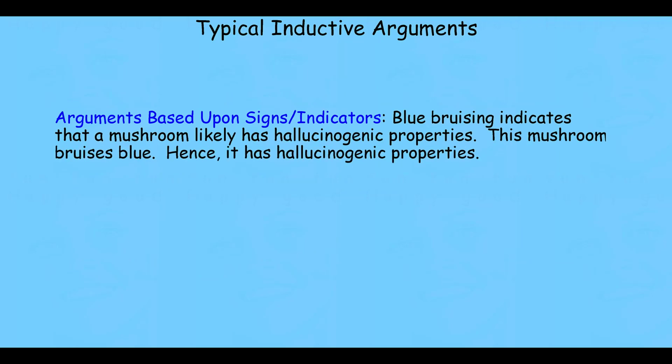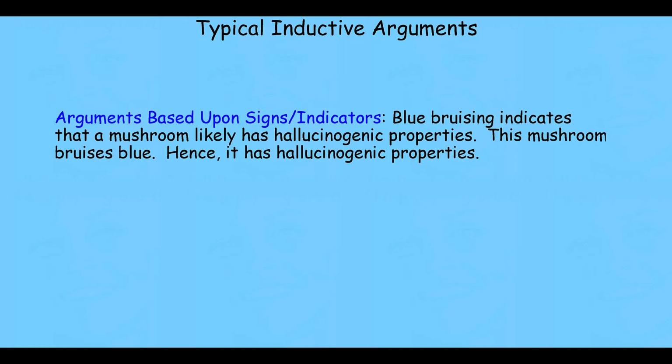Other types of inductive arguments have different principles. Arguments that are based on signs or indicators seek to leverage a reliable correlation that exists in our experience between one feature of the world and another feature of the world. So again, the 1960s kind of inference based on signs or indicators might be something like this.